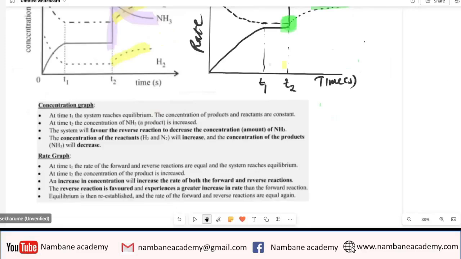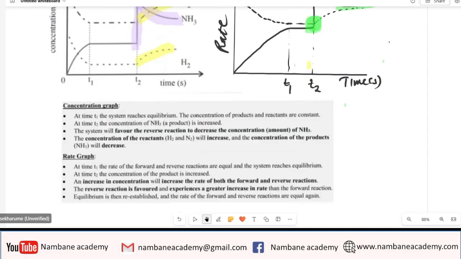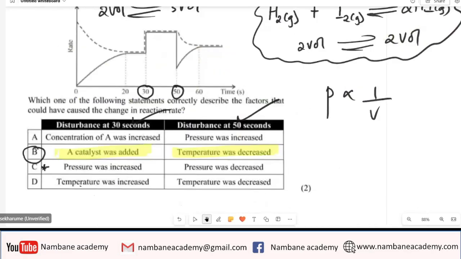For the rate graph, look at the bullet three: increasing concentration will increase the rate of both the forward and the reverse reaction. The reverse reaction is favored and it will be a greater increase in rate. It's increasing more than. So this is how you're going to answer the Le Chatelier's principle question there. So I'm going to share the notes. I'll share the notes to educators.